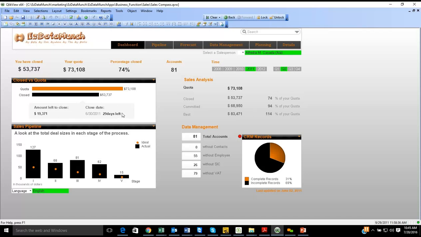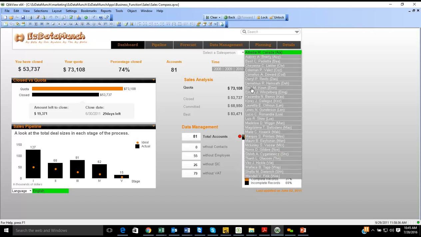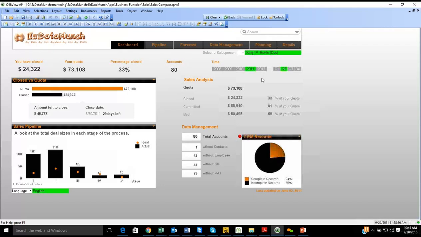This gives, again, a very good perspective on performance management, because everybody has a quota in terms of sales. So you are now looking at each individual person here, and I can select Daryl, for example, and look at his numbers.